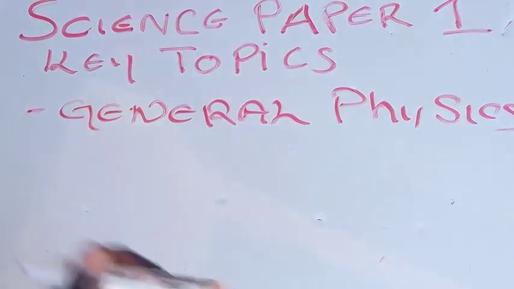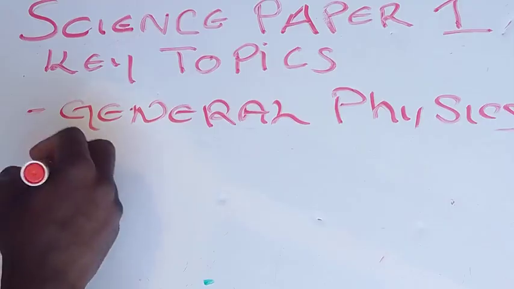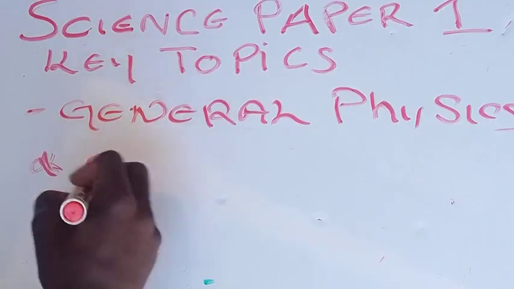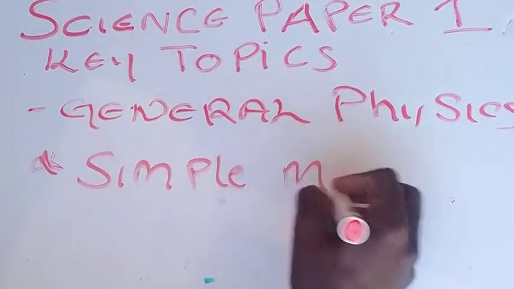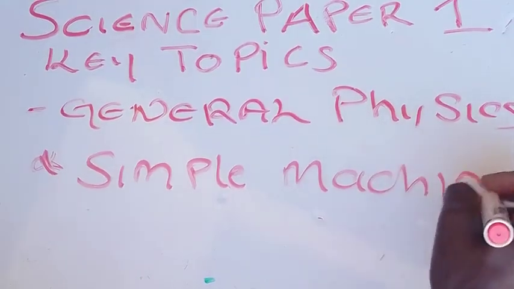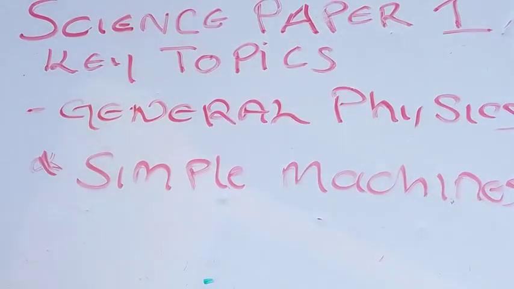Then the last point under general physics is simple machines. Wow, I like this. My dear friends, these things usually come, as I'm saying. Know the formulas we use when finding simple machines.